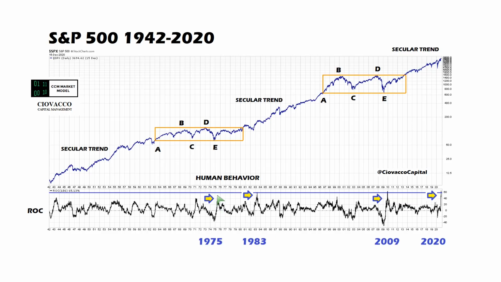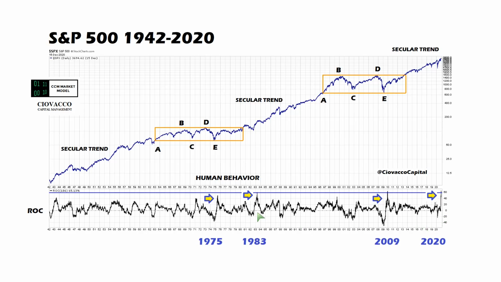This point here in 1975 is after the major low in 1974. This point here in 2009 is after the major low in March of 2009. We get a similar rare double spike look here that occurs years later in 1983. We get a similar double spike rare look here that occurs in 2020.